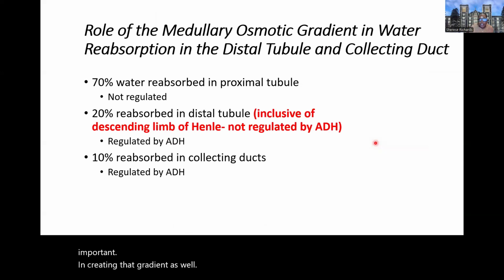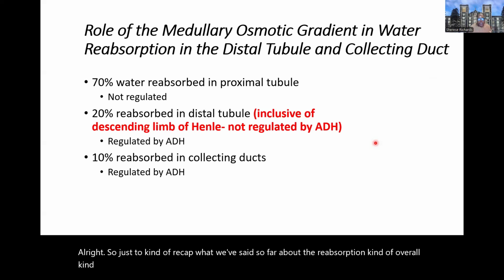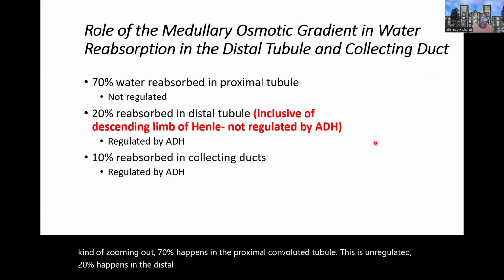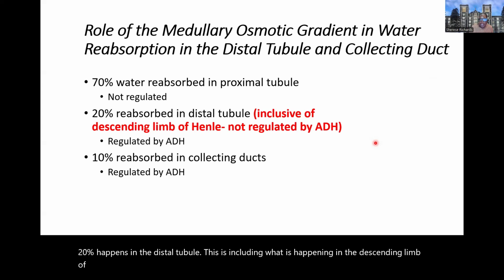All right. So just to recap what we've said so far about reabsorption overall, kind of zooming out, 70% happens in the proximal convoluted tubule. This is unregulated. 20% happens in the distal tubule. This is including what is happening in the descending limb of the loop of Henle, as well as what is happening under the influence of antidiuretic hormone.